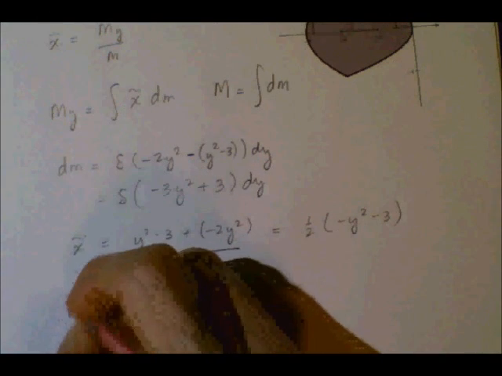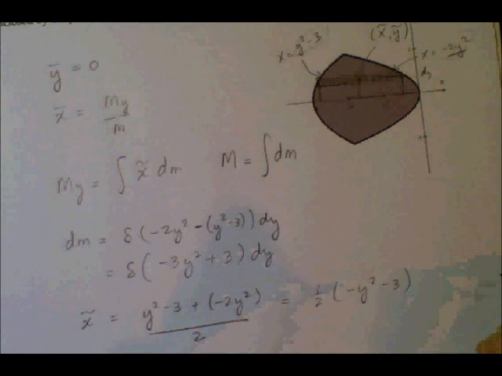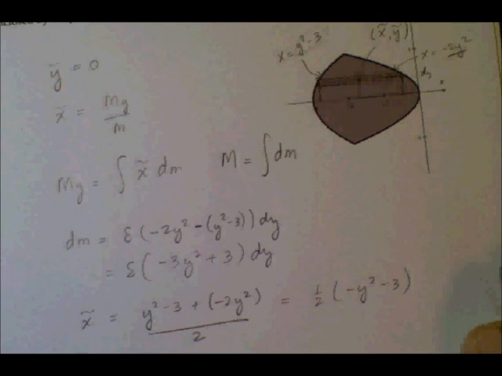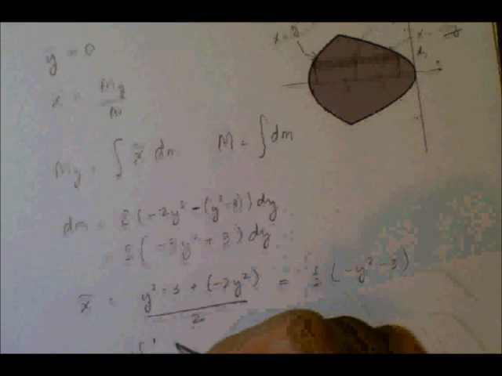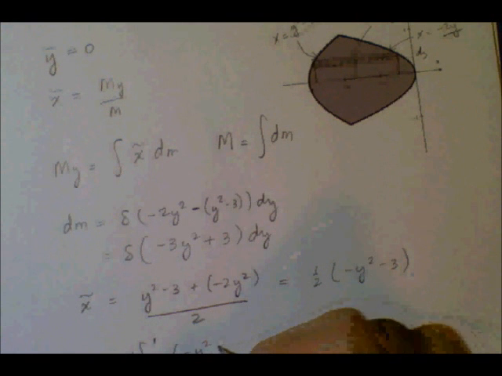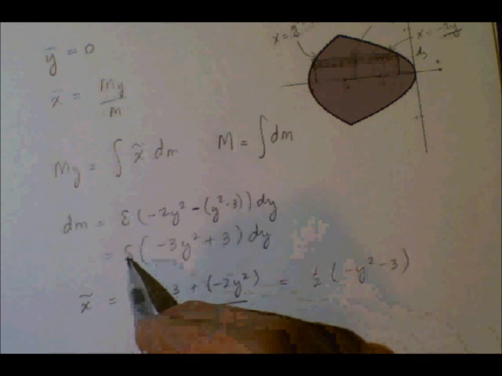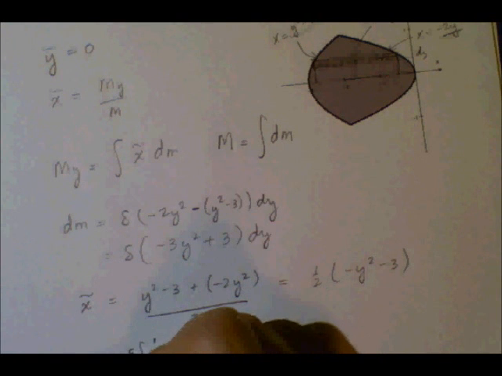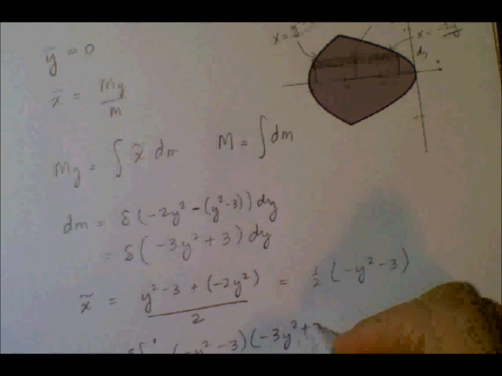So here we go. M sub y is the integral from negative 1 to 1 of x tilde, which is this. Pull the 1/2 out. Times dm, which is, well, let's pull the delta out, it's constant, negative 3y squared plus 3.